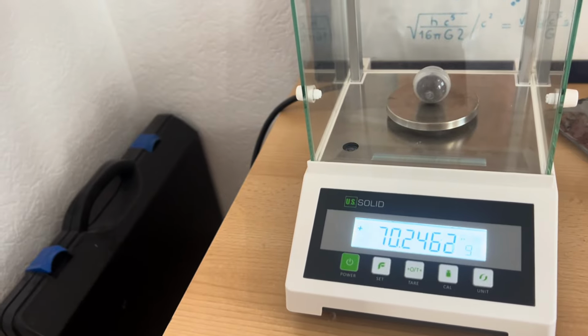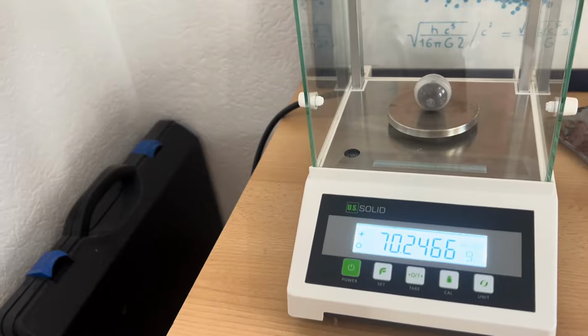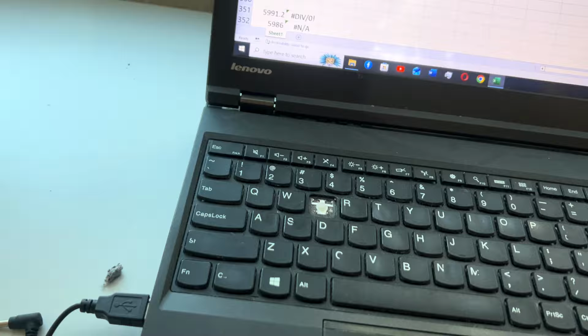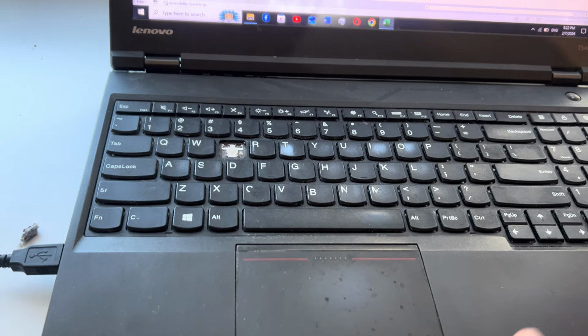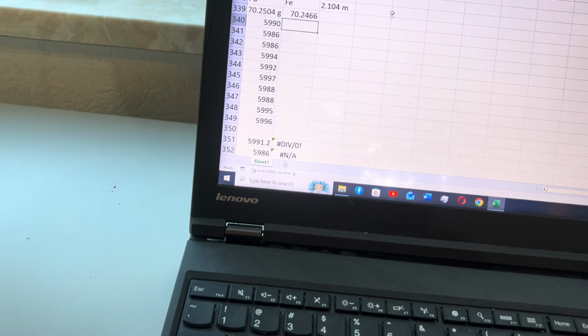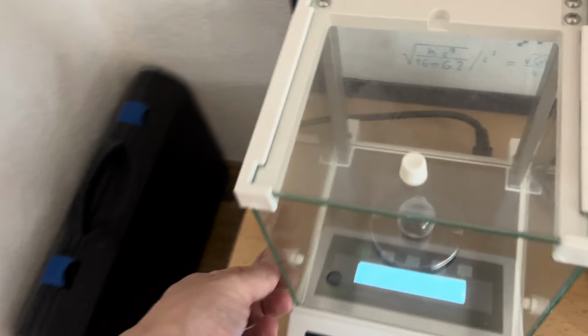Okay, 72.466, and as you see, it is lighter and predicted to fall faster. 0.3 milliseconds faster. Yep.